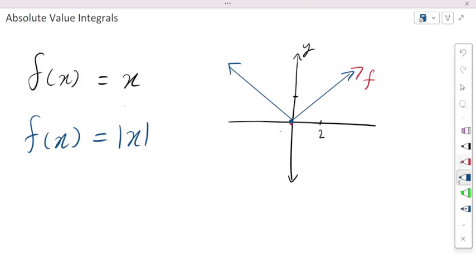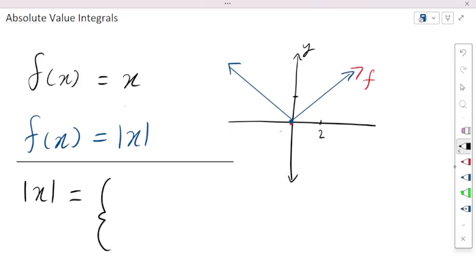So let's look at our definition and verify some things. Here I'm going to divide this part into another section. Let's look at the absolute value of x. The absolute value of x is defined piecewise.